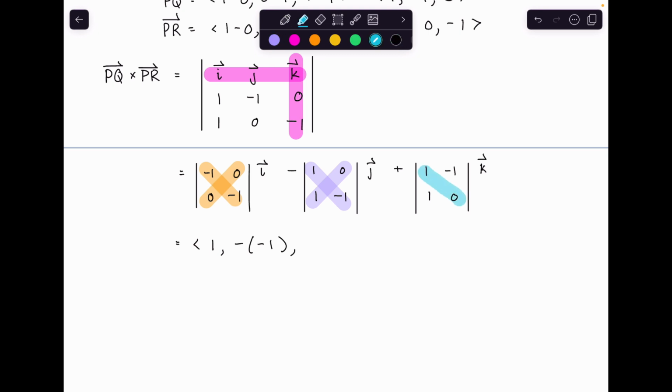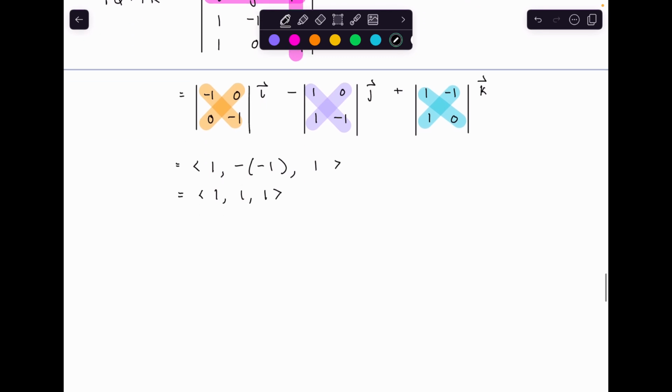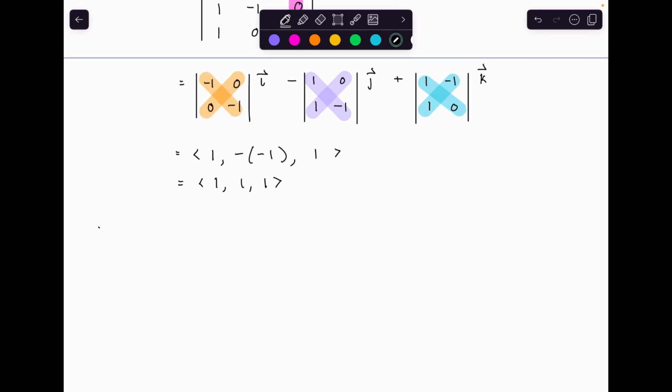And finally, we have 0 minus negative 1, so the last component is positive 1. This works out very nicely: the vector 1, 1, 1 is orthogonal to the plane. So here, n is the vector 1, 1, 1.